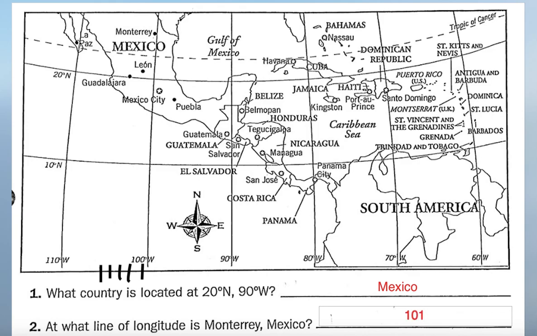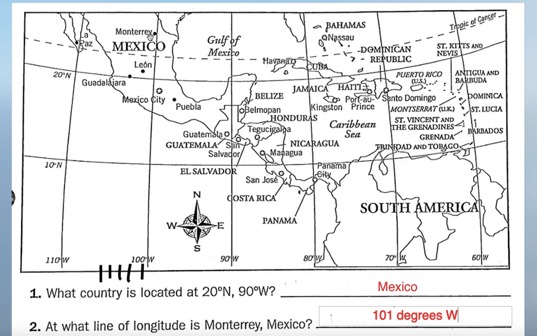And if you don't have the degree symbol, feel free to write out degrees west. Because remember, we're down here, we're looking at these ones. These are west. Okay? Now, like I said, if you put that Monterrey is 100 degrees west, I'm not going to take a point off.